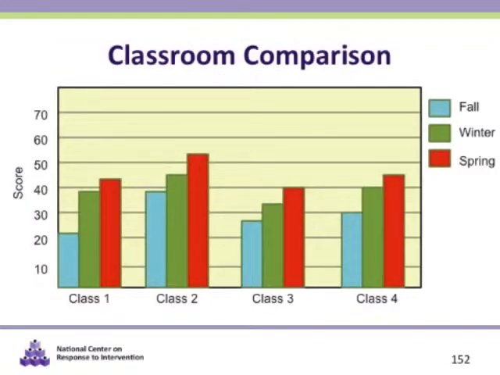Schools can also do grade level or classroom level comparisons. This chart shows the average student performance for 4 fictitious classes in a grade. So we can compare performance across the classrooms at different points in the year. For one, we can determine, did we provide the teacher with a homogeneous group of students? Are certain teachers getting similar types of supports?